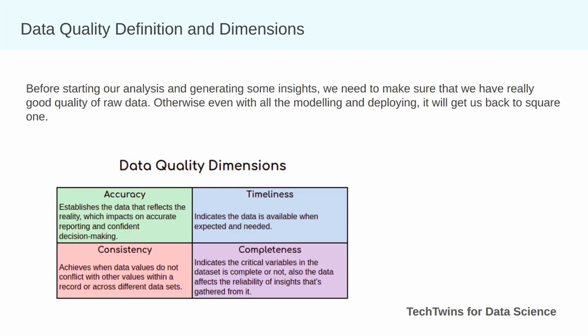Our second part of the video, data quality definition and dimensions. Before starting our analysis and generating some insights, we need to make sure that we have a really good quality dataset. Otherwise, even with all the modeling and deploying, it will get us back to square one.